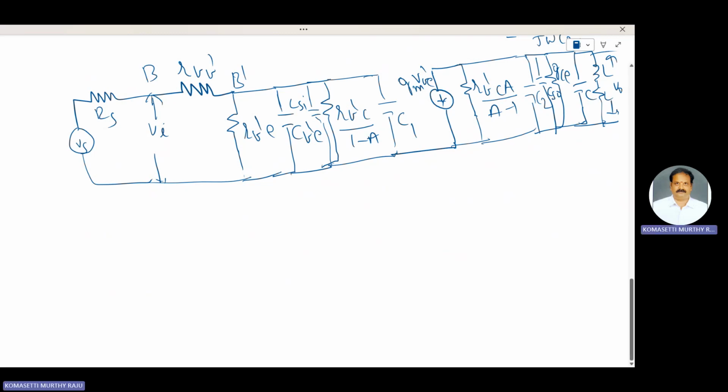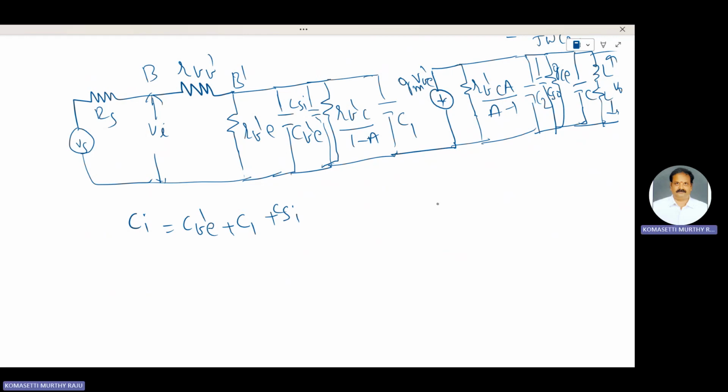Stray capacitances are wiring capacitances. Therefore, at the input side, CA is equal to these three capacitors connected in parallel: CB'E plus C1 plus CSI.